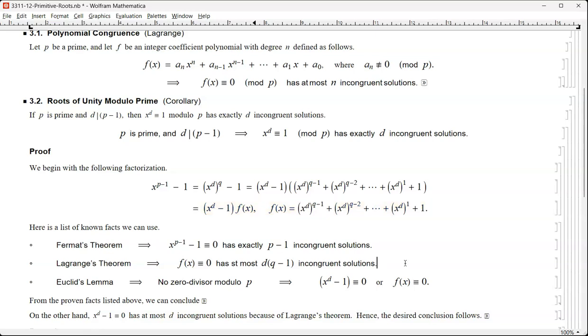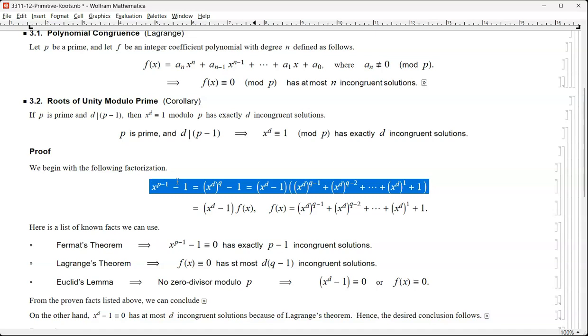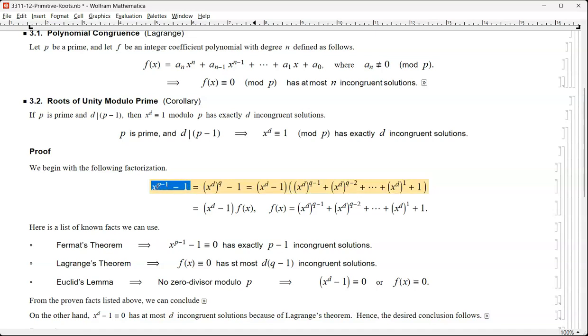And finally, Euclid's lemma gives us there's no zero divisor modulo p, or as a matter of fact, you can divide by any non-zero element. So if the left-hand side is 0, then either this is 0 or that's 0. That conclusion is coming from Euclid's lemma.